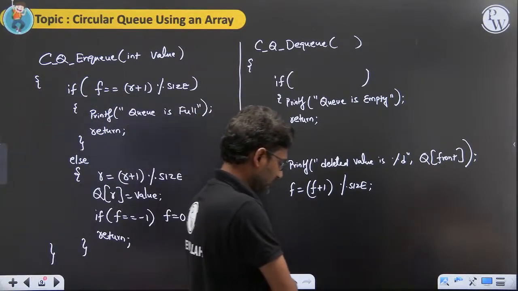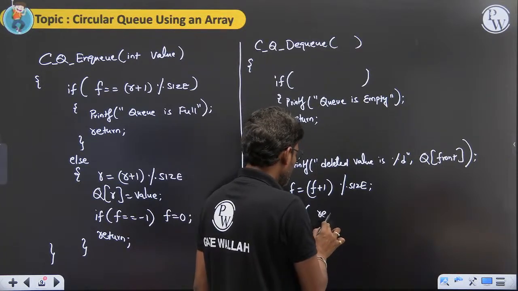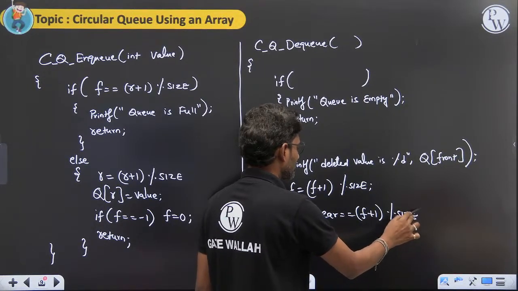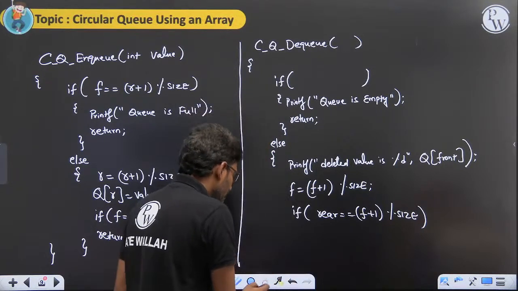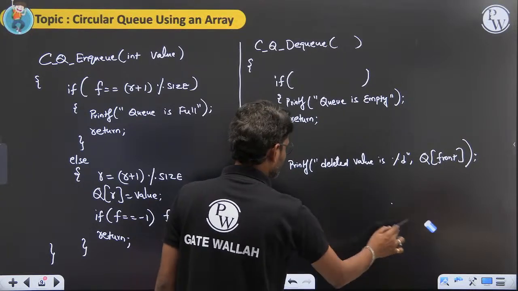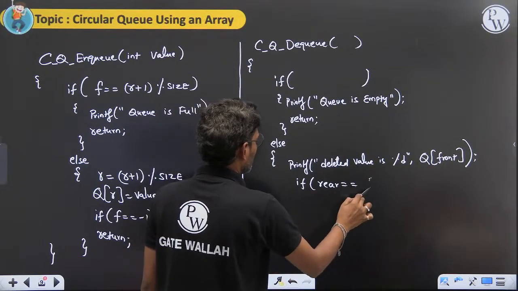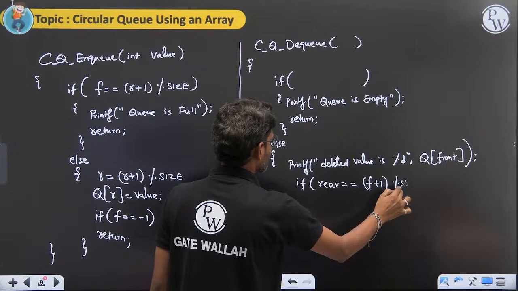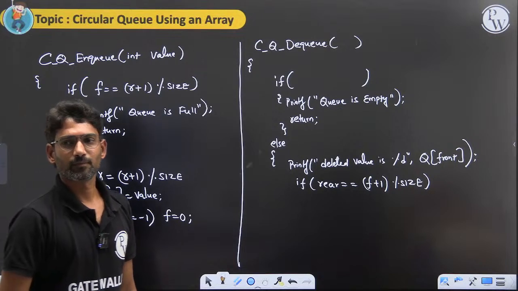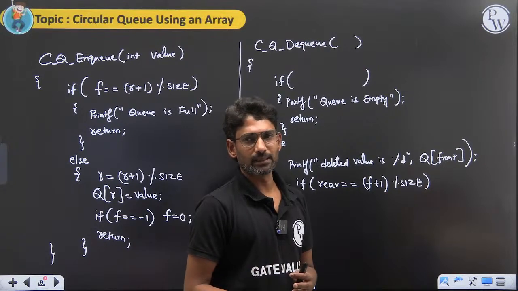Before incrementing, what I am checking is: if rear is equal to front plus 1 mod size, then that means I am going to delete the last element.